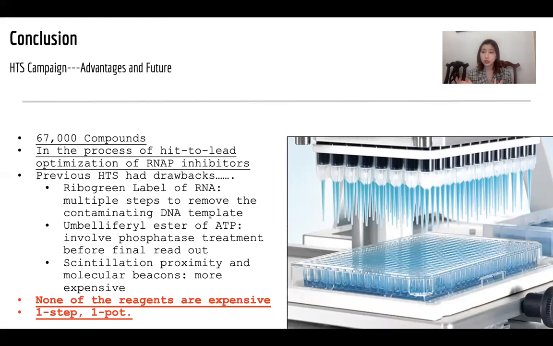So in future research, we can use other inhibitors. We can use artificial inhibitors to screen for mycobacteria RNAP, or even RNAP from other infectious diseases, to get the inhibition rate from the HTS campaign fluorescence assay.